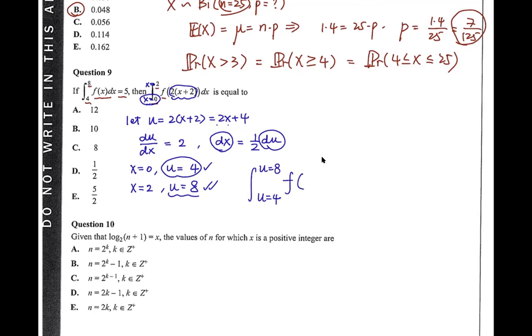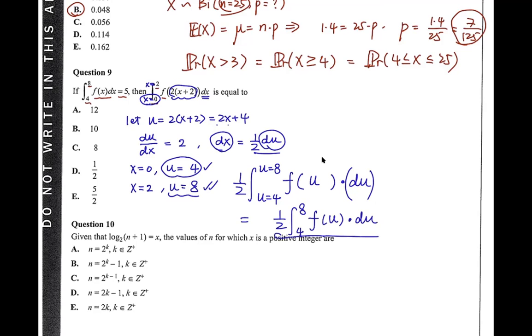The integrand will be f of u times dx, which will be half times du. Remember, you can relocate the constant half to the front. Your integral will be simplified to half, 4 to 8, f of u du.